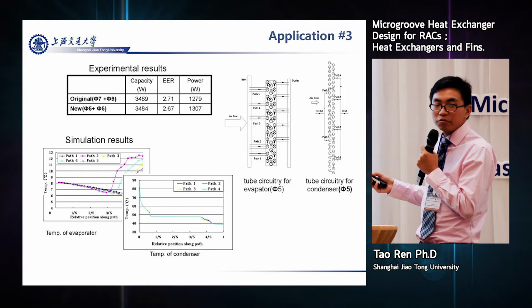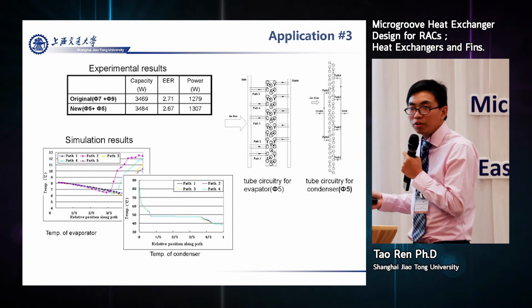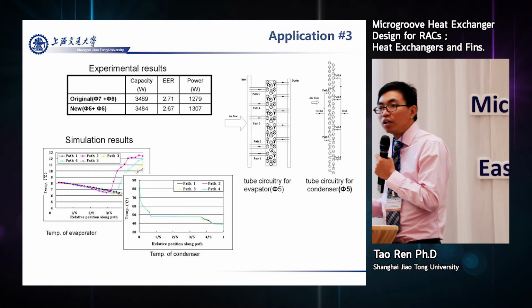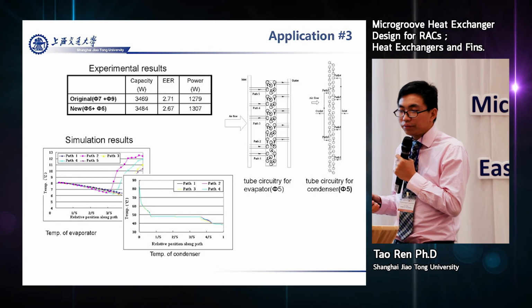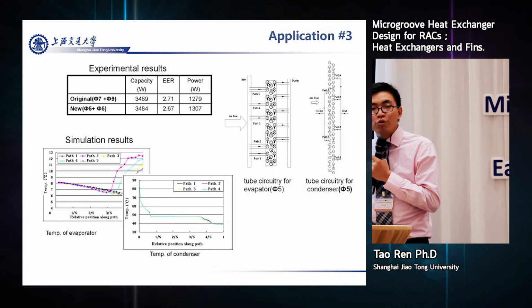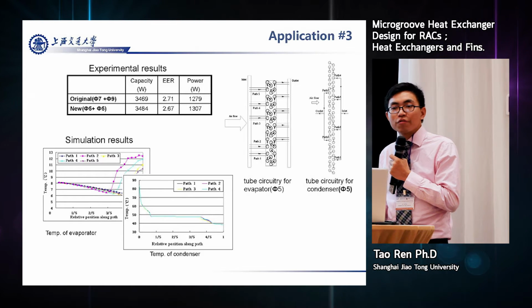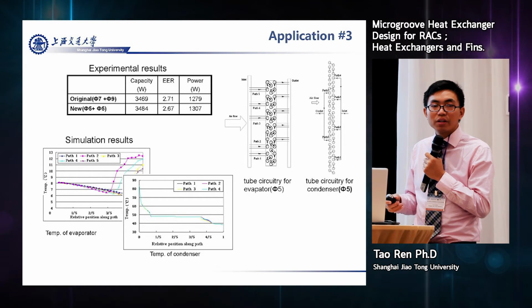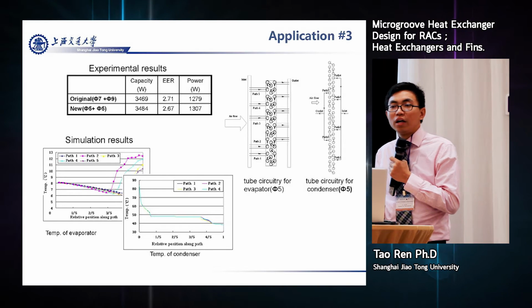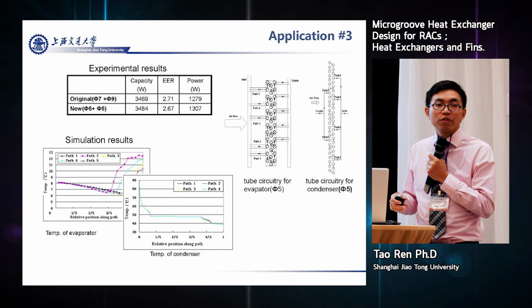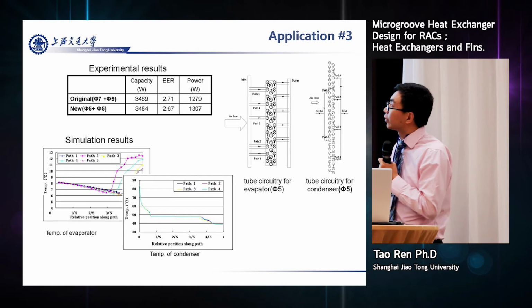But for the small cases, like 2,600 watt and 3,500 watt, which are 1 HP and 1.5 HP, it's easier, and for this case it's harder.